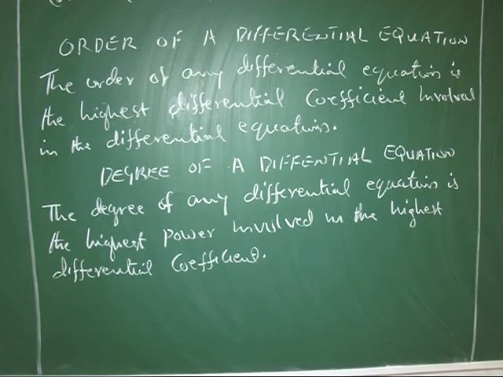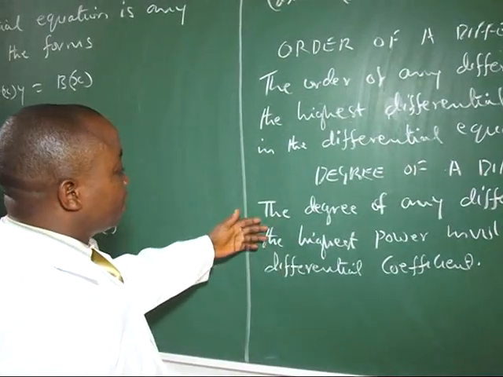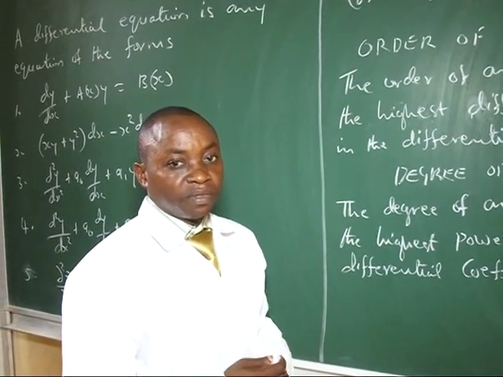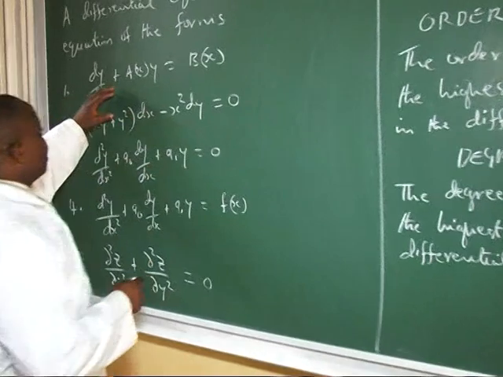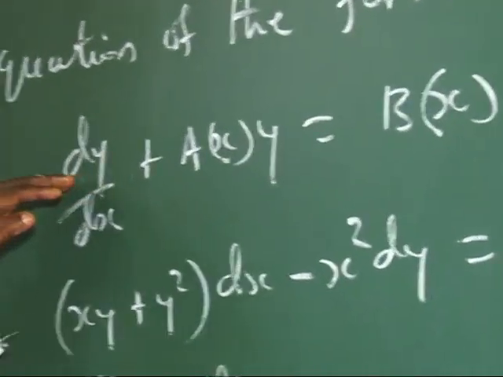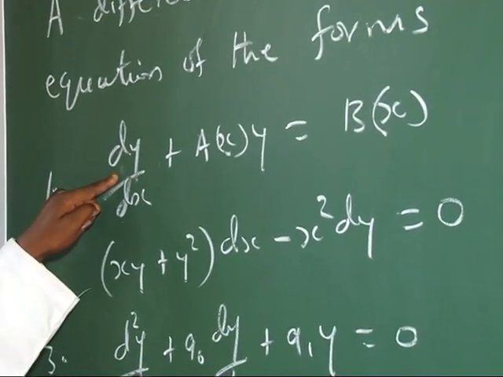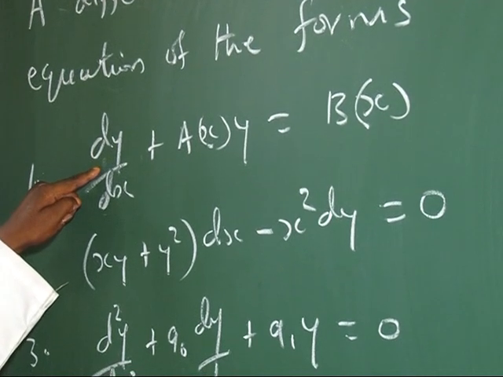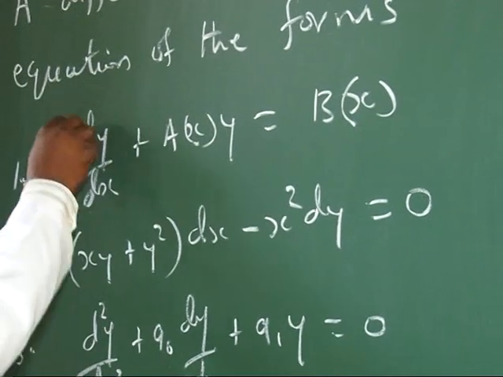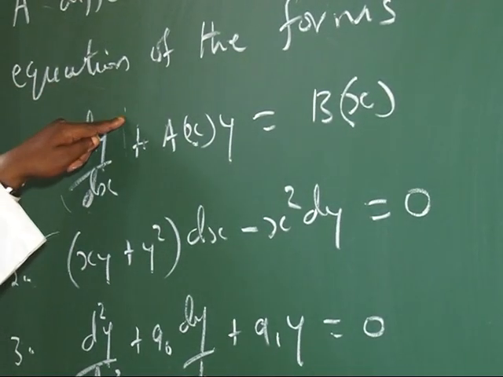Now look at that. We need to pay attention here because a lot of students are confused between what we call order and degree, but it's very simple. Now look at this. This equation is first order because the highest differential coefficient is dy/dx. Then we call it first order linear because, of course, there is power 1 here.